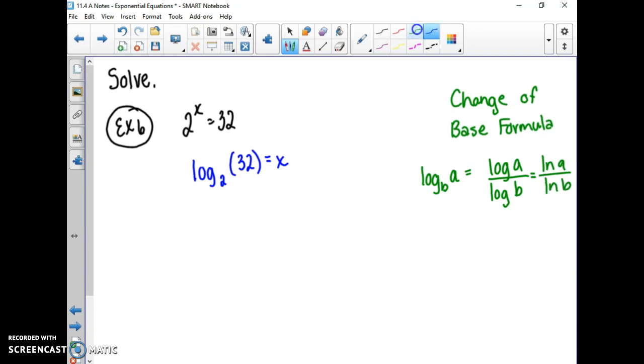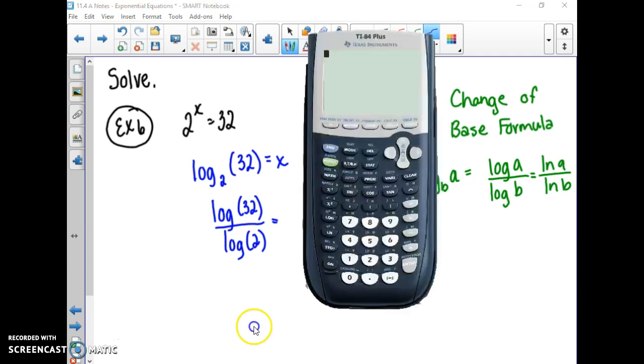So, in this case where I'm trying to solve this equation, I want to get a decimal approximation, I need to type into my calculator log of 32 divided by log of 2.